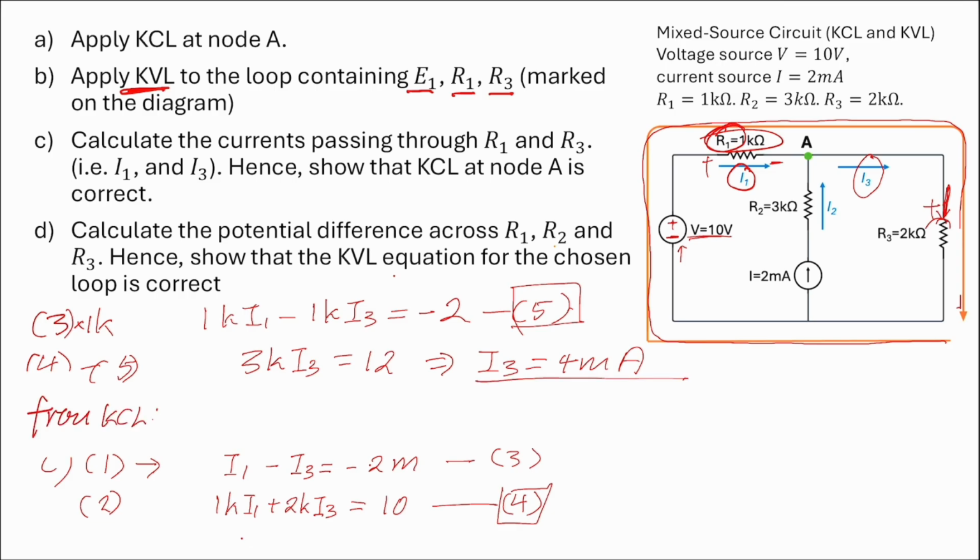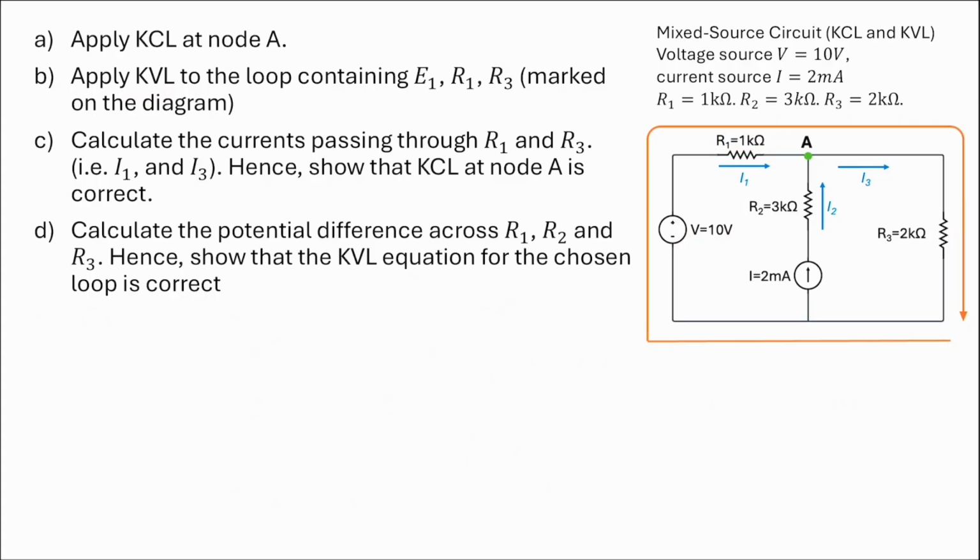The KCL says I1 plus I2 equal to I3. And we know I1 plus I2 is the current source, 2m, equal to 4m. So it means I1 must equal 2mA. So let's put down the values. I1 is 2mA, I2 is 2mA, I3 is 4mA.